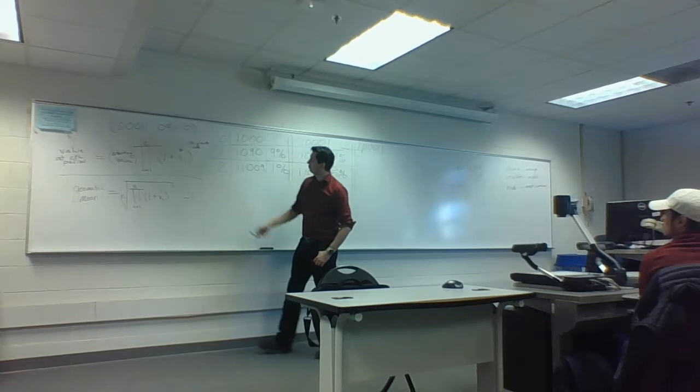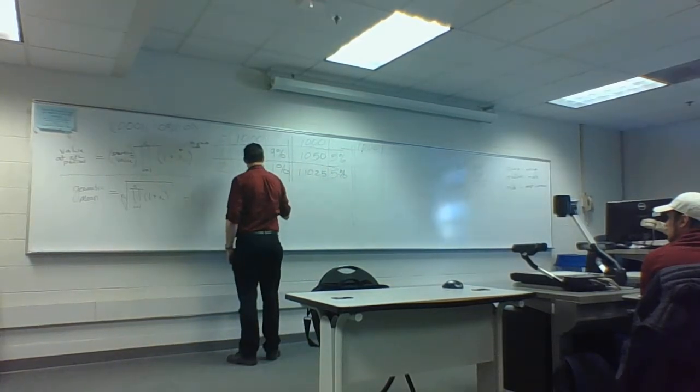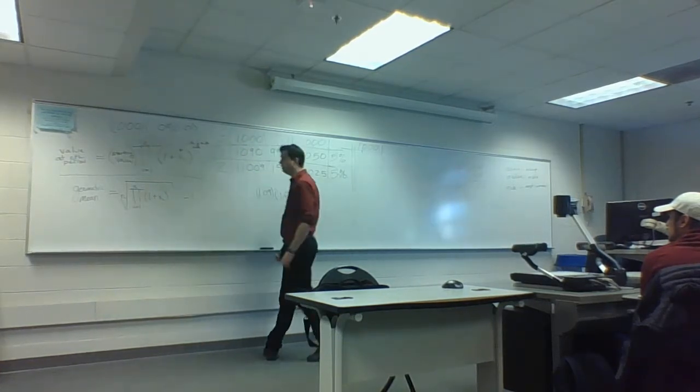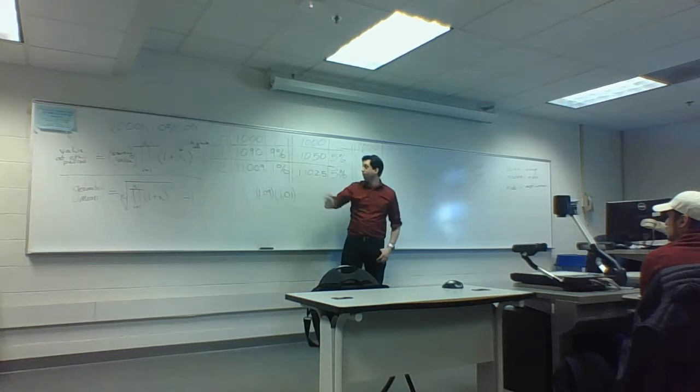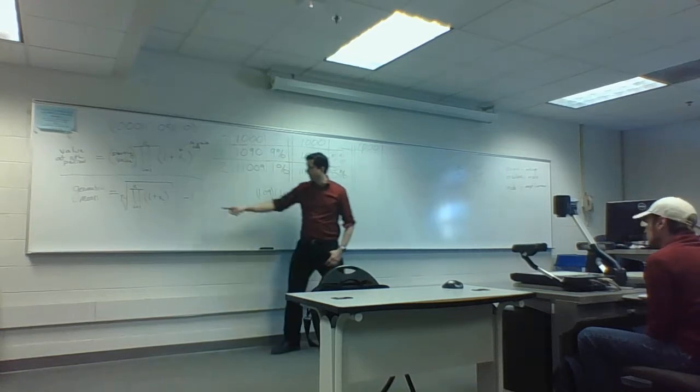So we have 1.09 times 1.01. For every single value, I'm adding 1 to it, and then I'm multiplying them together, like we did right here.